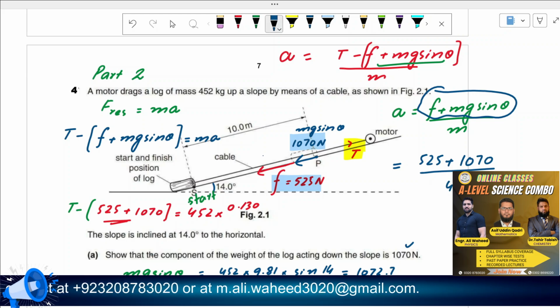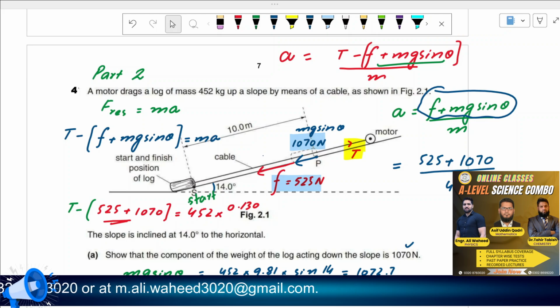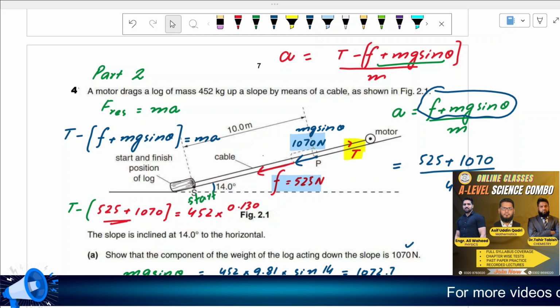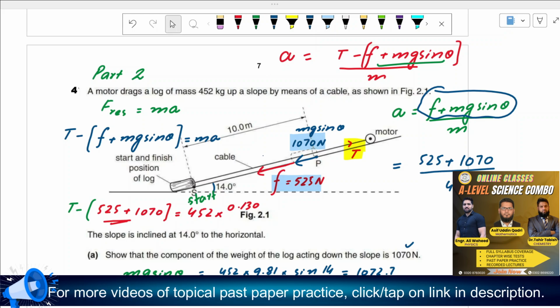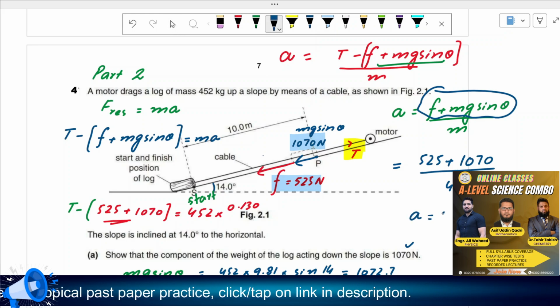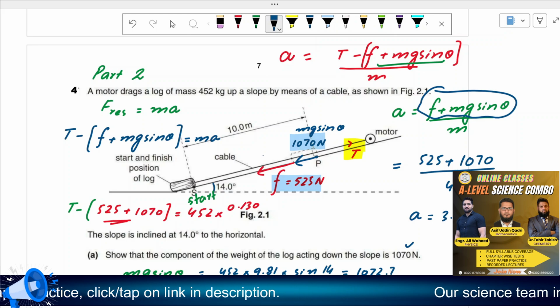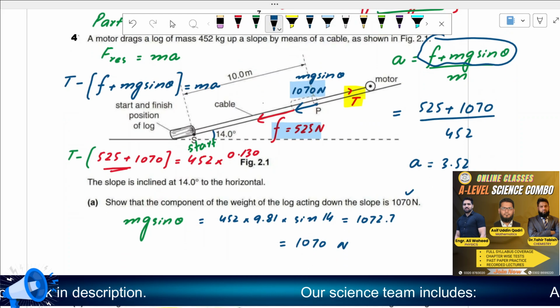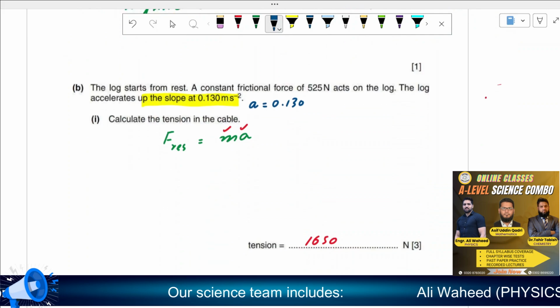If I hit it on the calculator, this acceleration is 3.52, which is technically the deceleration.